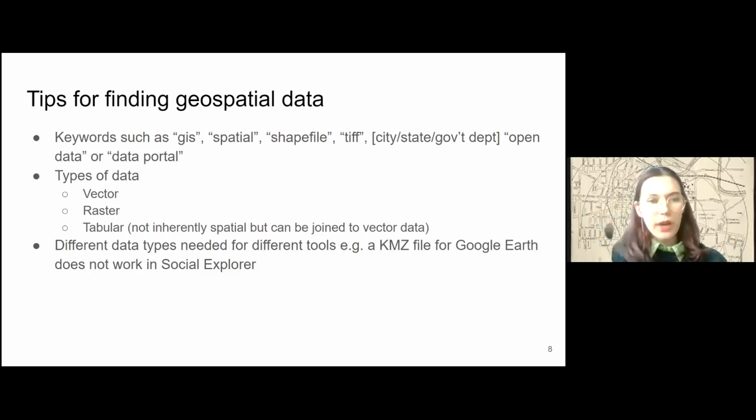And the third one is tabular data, which is not inherently spatial, but it's what Tyler had. It's your table, your Excel file, or your CSV. If you're using ArcGIS Online, it's only a CSV. And it can be joined to those county files, for example, to add more data to the attributes. So if you want more than just the population density in that Social Explorer, then based on that county ID or census tract ID or census block group ID, you can join extra tables.